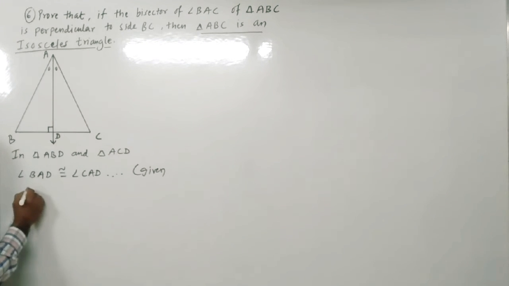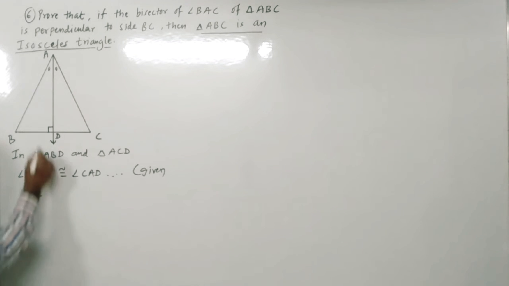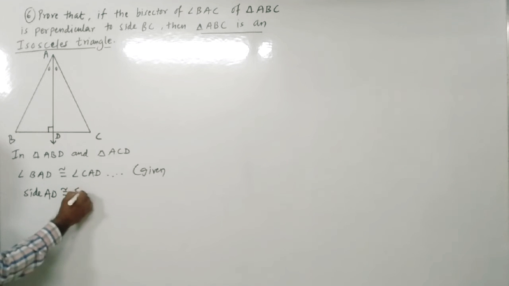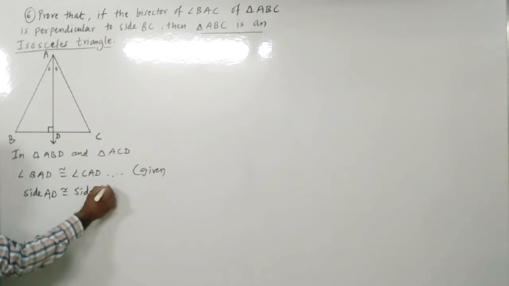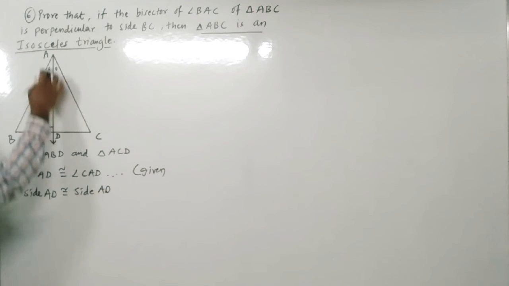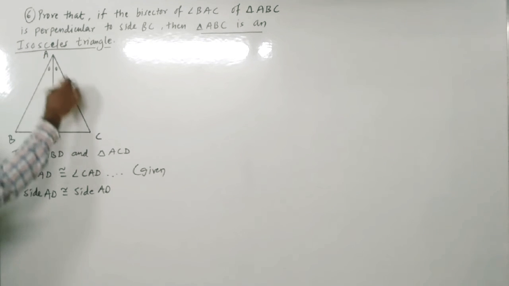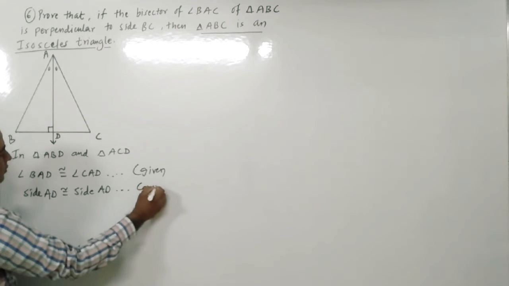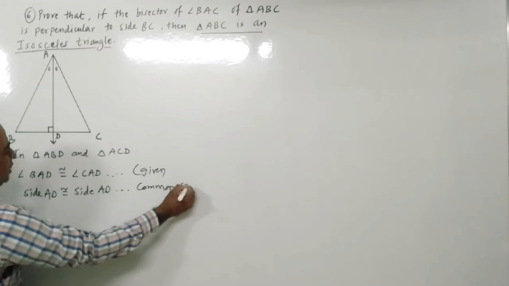Then side AD is congruent to side AD. Side AD is in triangle ABD as well as in triangle ACD. So it is a common side.